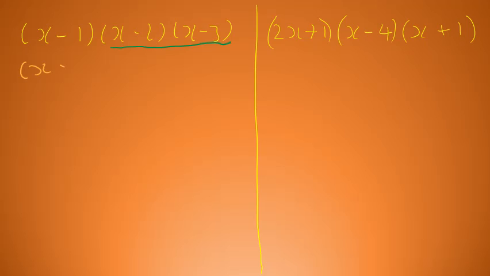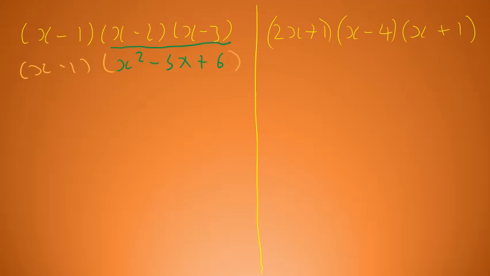Just to speed it up a bit, I'll leave that as it is. And if I expand the second and third bracket, it's going to be x times x, which is x squared. That's going to be minus 3x minus 2x, so that's going to be minus 5x. And 2 times 3, be careful, it is a 6, but of course it's a positive 6.